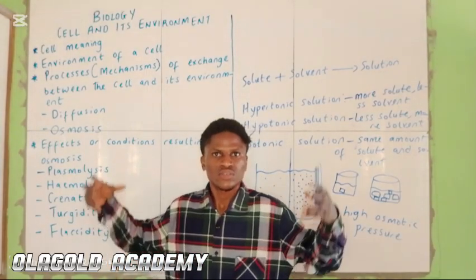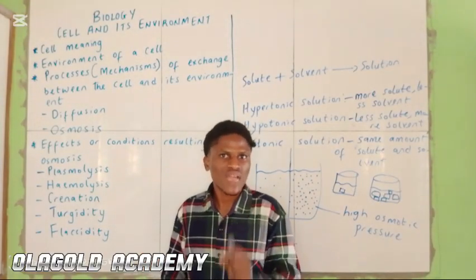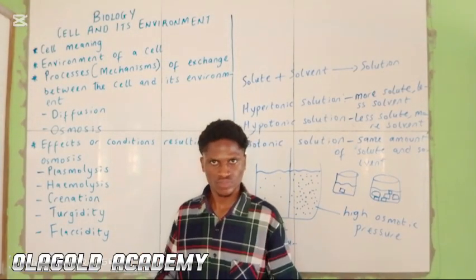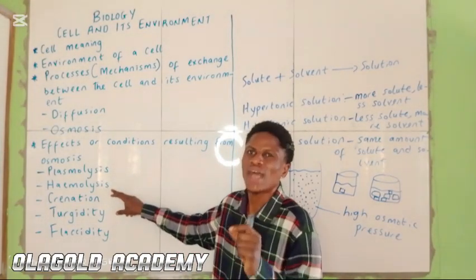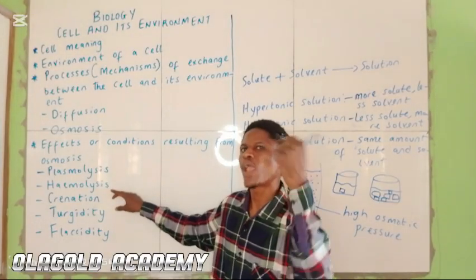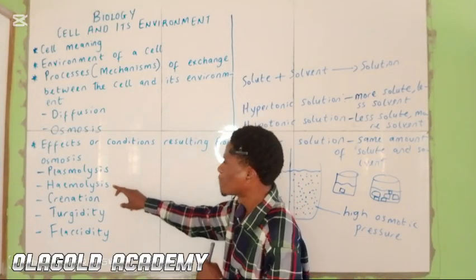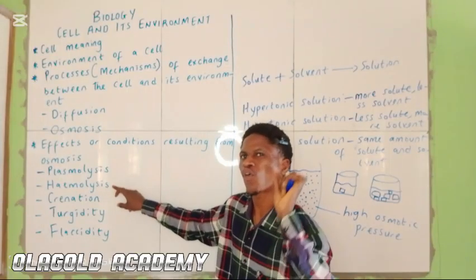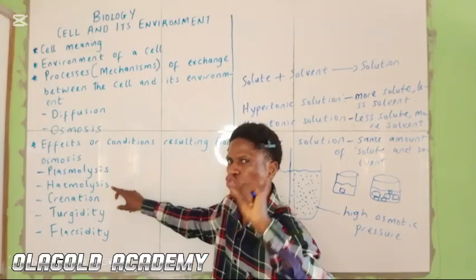If it continues to take in more water, a time will come that it will burst. So we refer to haemolysis as the bursting of the red blood cell when placed in a hypotonic solution.